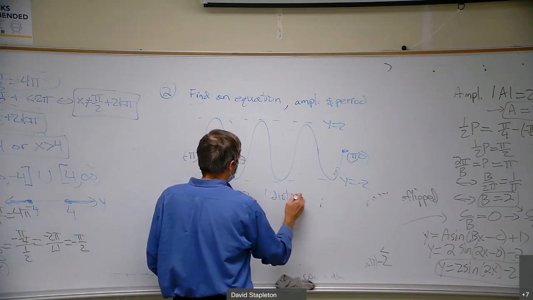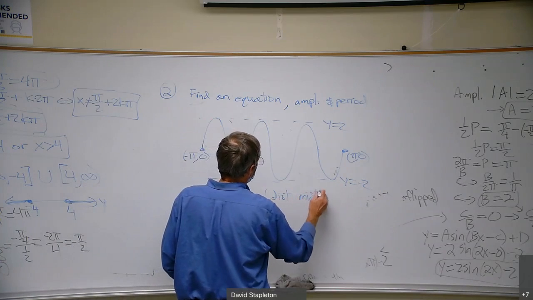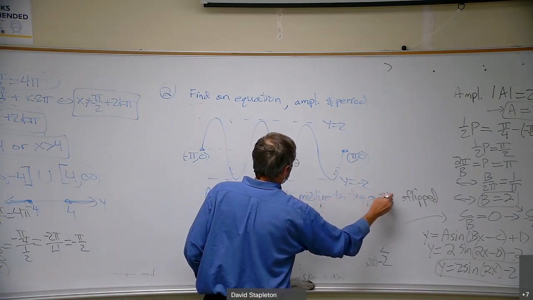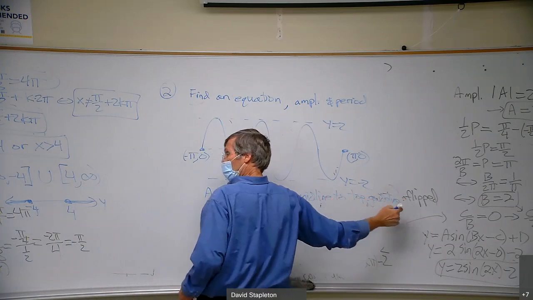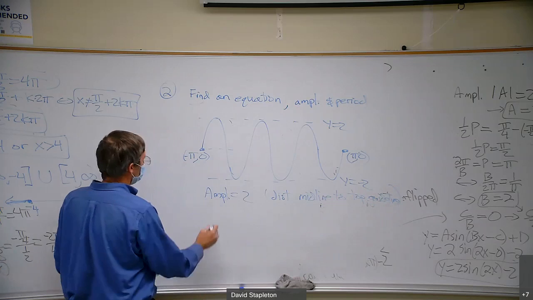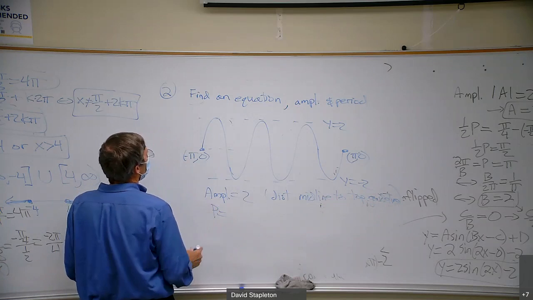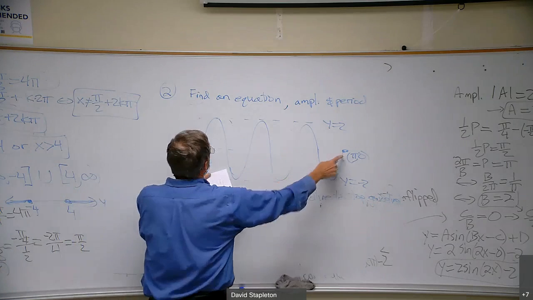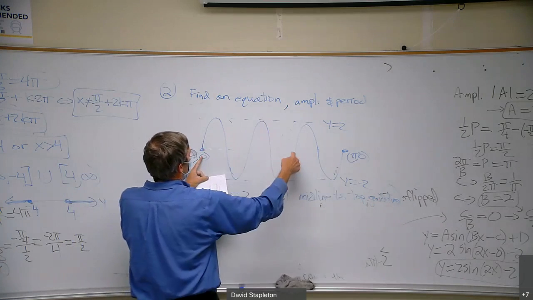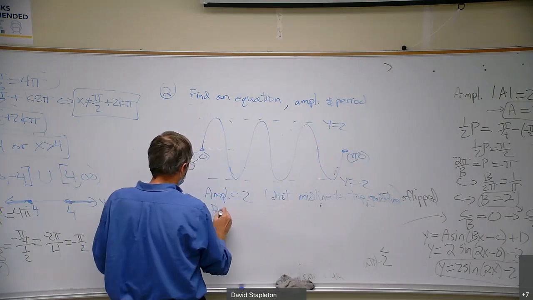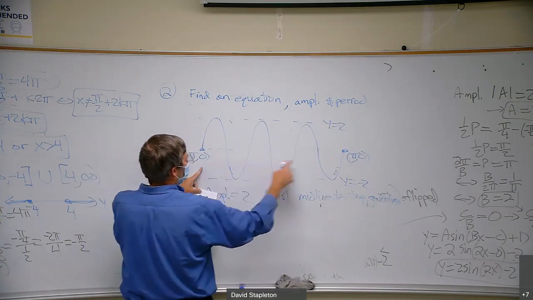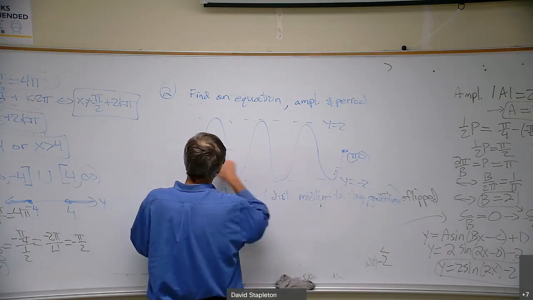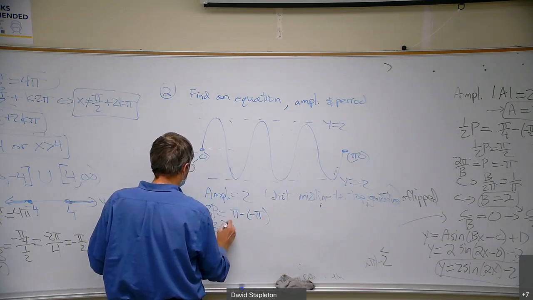Distance, midline up to the top. What's the period? This is the trick. It's hard to get exact points in the middle, but you've got these 2 at the end, and you've got 1, 2, 3 whole periods. So we notice that 3 periods equals the distance from here to here, pi minus a negative pi, the difference in the x-coordinates, which says that 3 periods equals 2 pi.